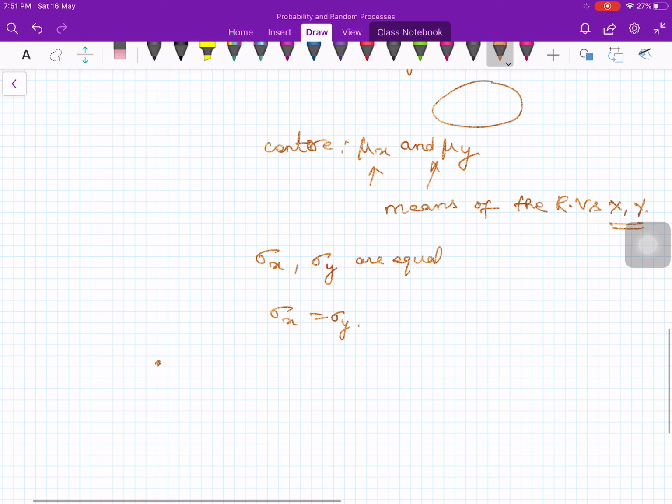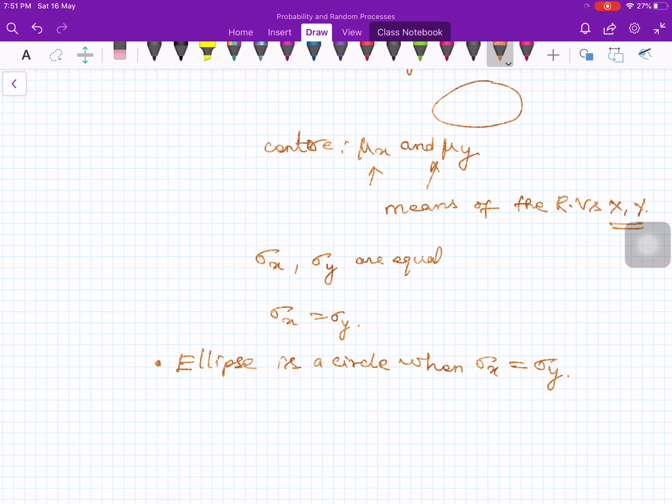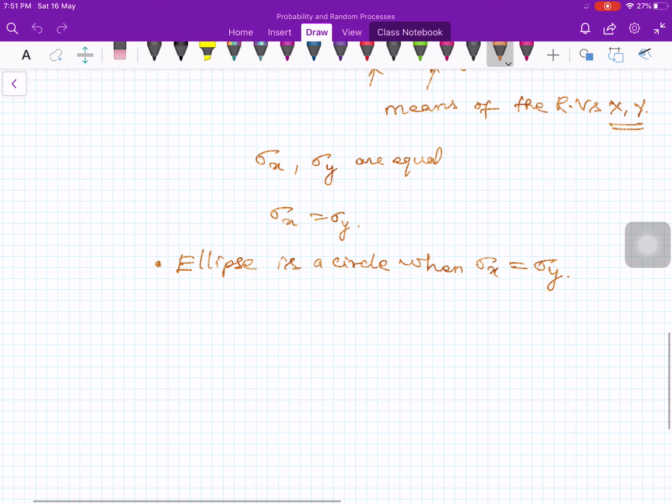Therefore the ellipse becomes a circle when sigma x equals sigma y, that is, the standard deviation of the random variable x equals the standard deviation of the random variable y. But if on the other hand the sigmas are different, then you are going to get an ellipse that has a contour of this kind.